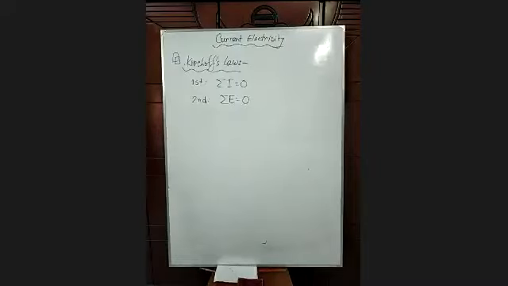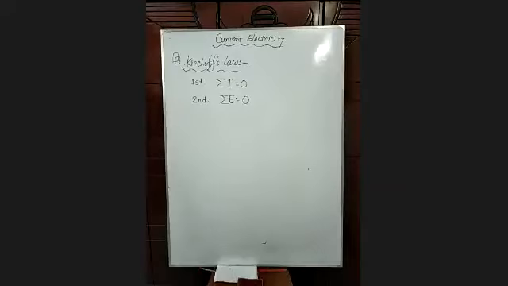The summation of total current at a certain point of a circuit is 0. I can explain it to you, but we will do the explanation after we have written the second one.